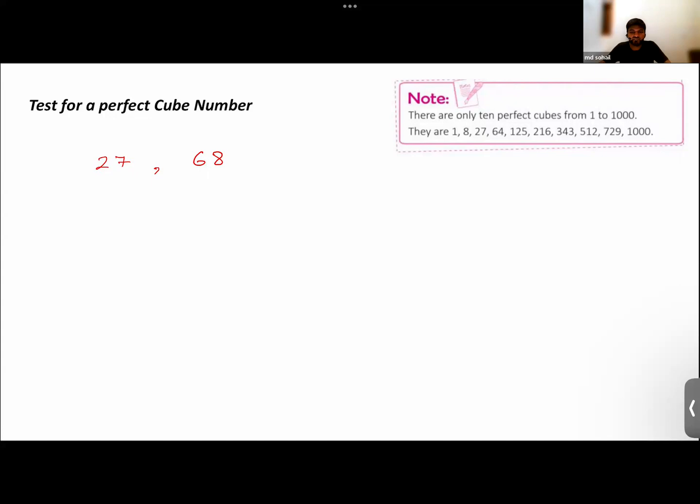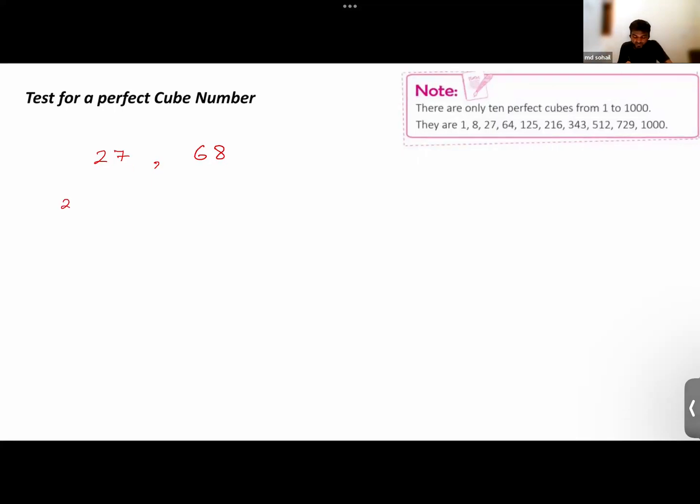So prime factorize these numbers. If you prime factorize 27, it will be 3 multiplied by 3 multiplied by 3, right? And what about 68? Prime factorize 68.